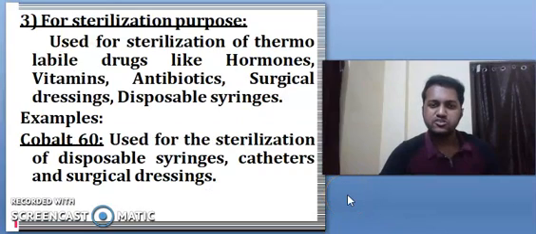For sterilization purposes, used for sterilization of thermolabile drugs like hormones, vitamins, antibiotics, surgical dressings, and disposable syringes. Example, cobalt 60 is used for the sterilization of disposable syringes, catheters and surgical dressings.